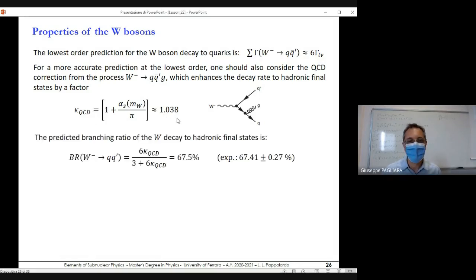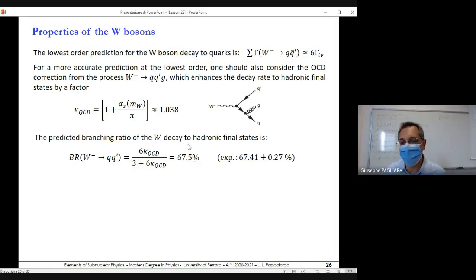Okay. So once you take this QCD correction into account, the branching ratio of the W into quark pairs, quark anti-quark, is not just 6 divided by 3 plus 6, but it is 6 times K_QCD divided by 3 plus 6 times K_QCD, because we are taking into account this gluon radiation. Once you calculate this, you obtain 76.5%.